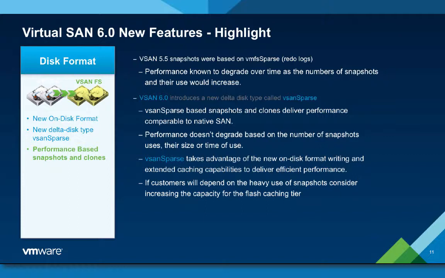Meaning that VSAN now is capable of doing snapshots and clones the same way that industry-leading storage arrays are. Once again, just showing where virtual SAN is growing and has grown in its capacity to meet customers' maturity.